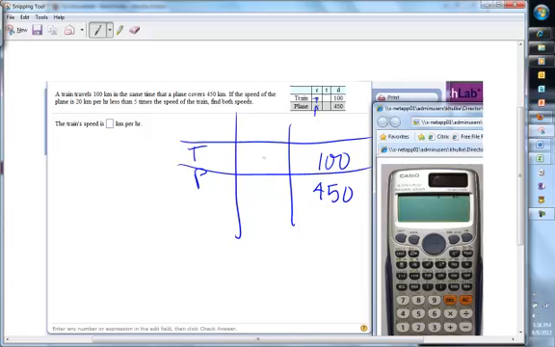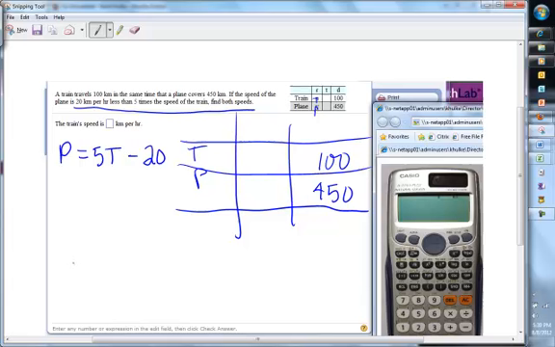So it says in the same amount of time, so the time doesn't matter here. The important part for our formula is going to be the speed of the plane is 20 kilometers per hour less than 5 times the train, and the speed of the train.